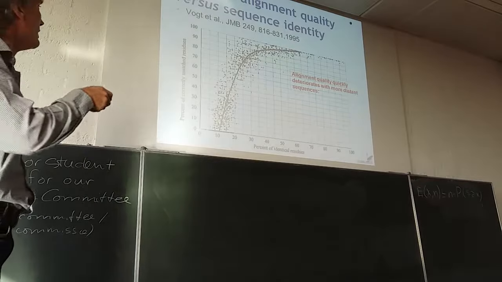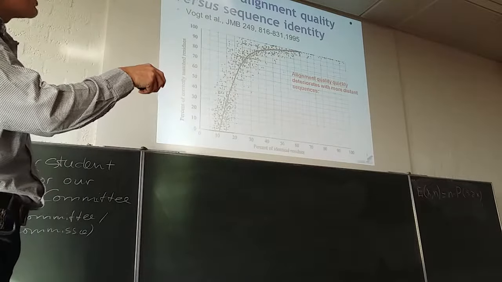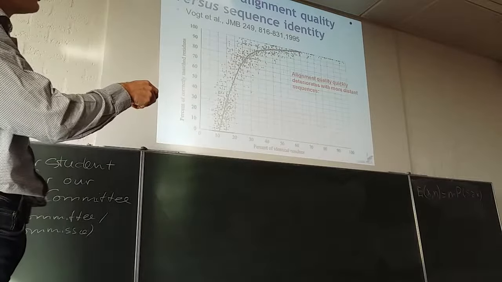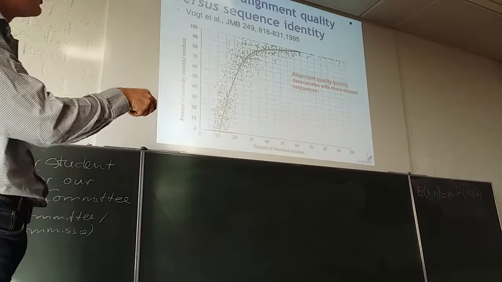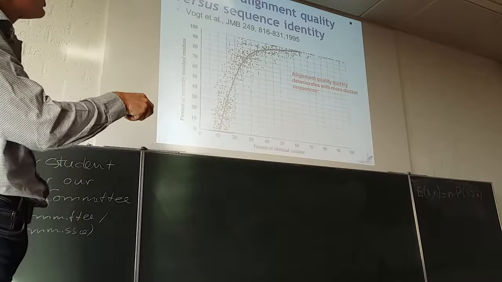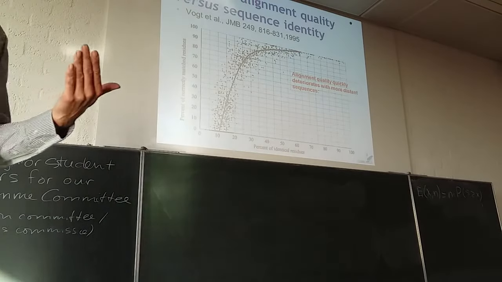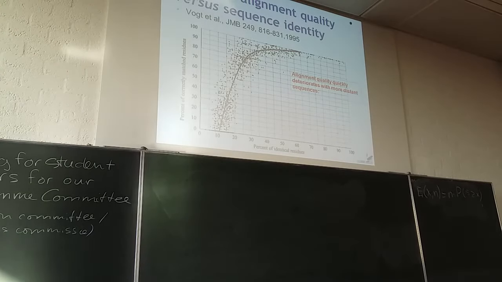That's a different story. You see that, going from 100% identical, which is really trivial, down to, let's say, 60%, maybe 55%, it's really still very easy, right? So if half your residues are still the same, then the alignment is going to be very easy.